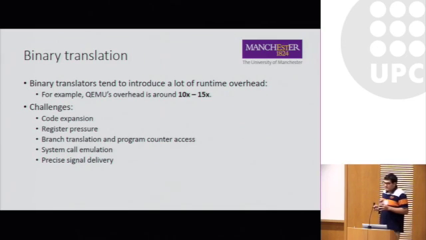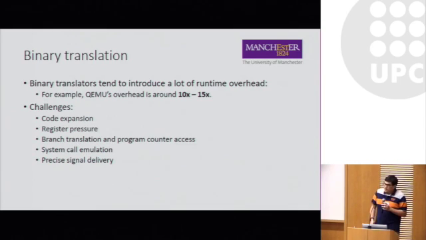Register pressure. Basically, the binary translator needs to hold a set of state, ideally in registers. This includes the whole register state of the source architecture, plus any additional state that the binary translator might need. And if you don't have enough registers, then you have to spill to memory and reload as needed.